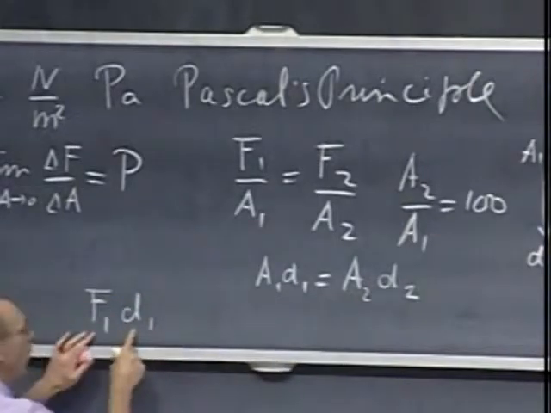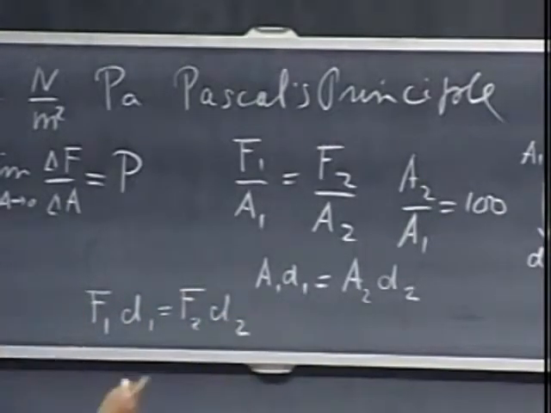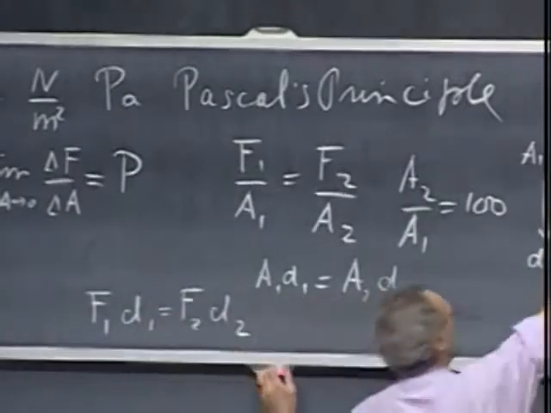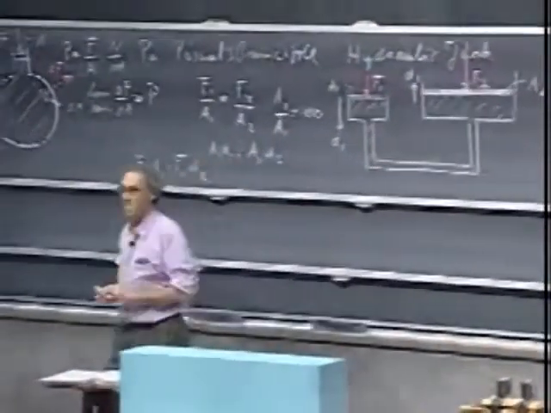And so F1 D1 will be the same as F2 D2. 100 times lower force, but over 100 times larger distance. And so the product is the same. So the work that I do when I push this down, I get back in terms of gravitational potential energy by lifting the car.